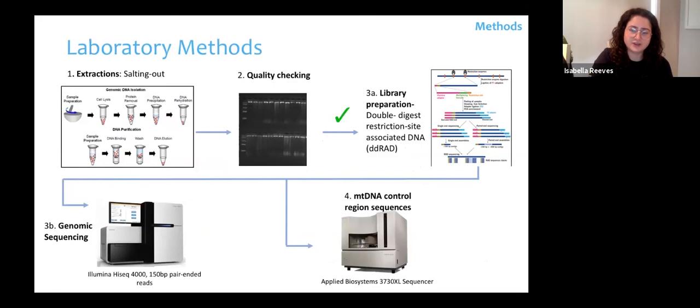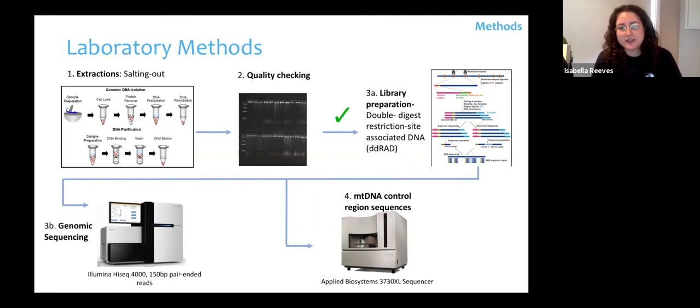So going into my laboratory methods now, I'm going to go through this quite quickly and quite briefly, so please feel free to ask questions at the end or email me at a later date or read the paper if you want to find out more. But essentially, we extracted the DNA using a standard salting out protocol, which we then quality checked using a variety of methods.